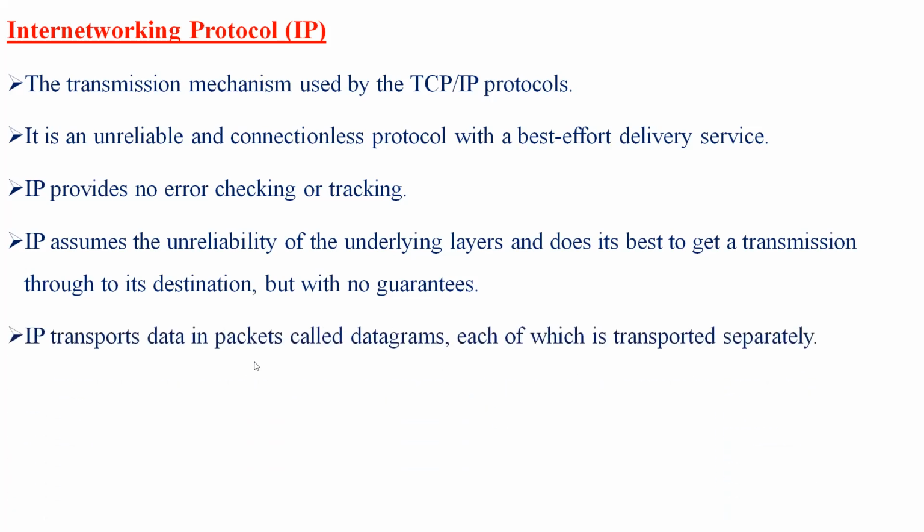It transports the data in a packet, and here the packet is called a datagram, whereas in the data link layer we call the packets frames. Each packet is transported separately, with respect to its convenience.